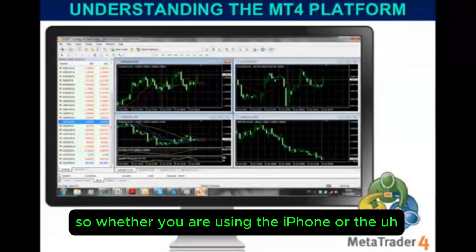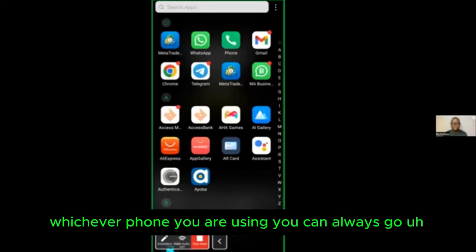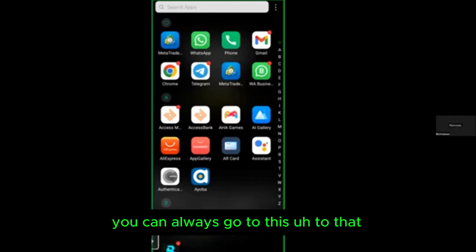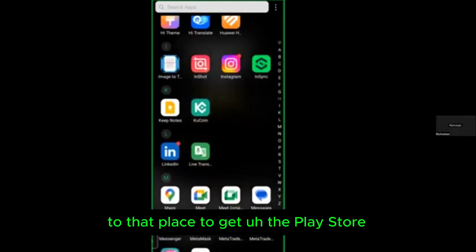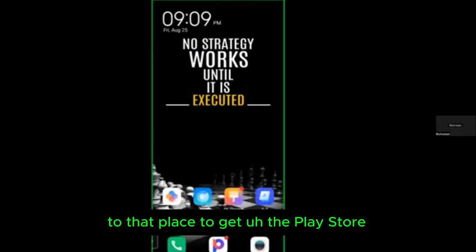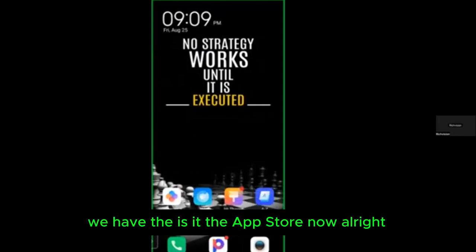Whether you are using an iPhone or an Android phone, whichever phone you are using, you can always go to get it. We have the Play Store, and we have the App Store.